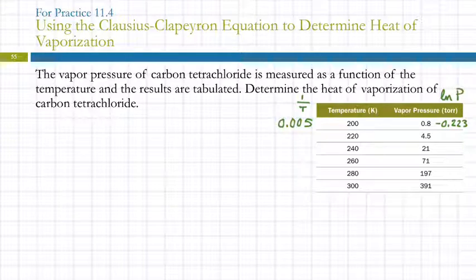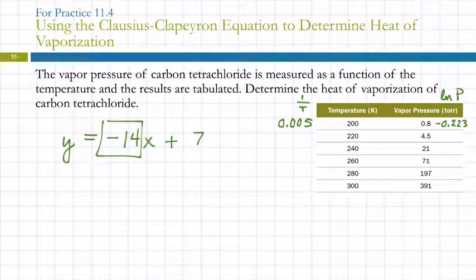The computer will do a linear regression line for you, and it will give you something like y equals minus 14x plus 7. I'm just making up numbers. To find the heat of vaporization, you're going to take this slope. The slope equals negative delta H of vaporization over R.